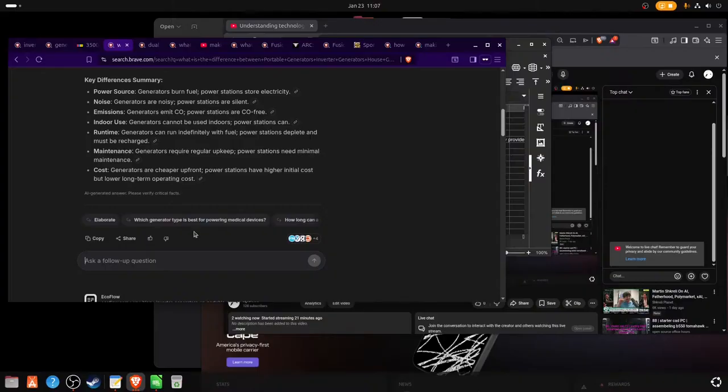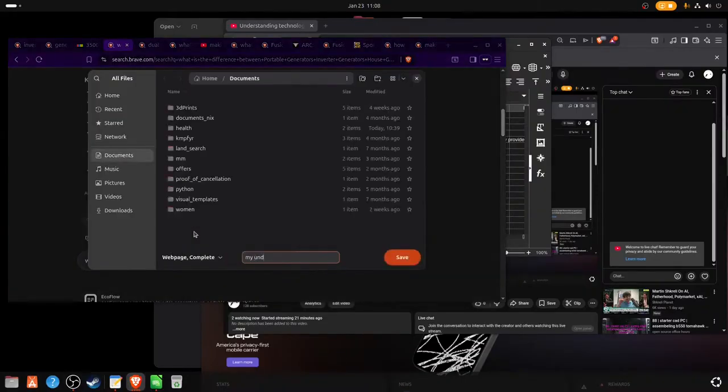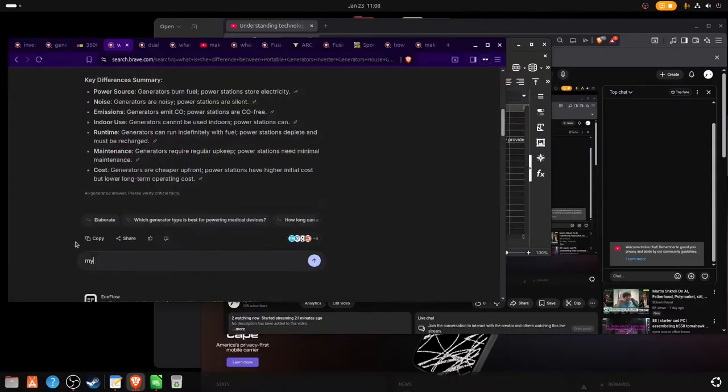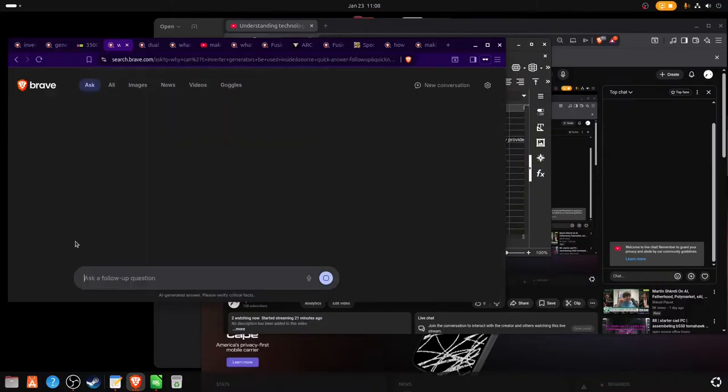Let's see. Why can't inverter generators be used inside?